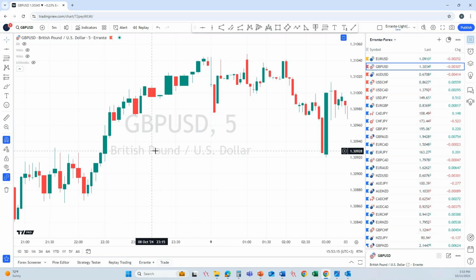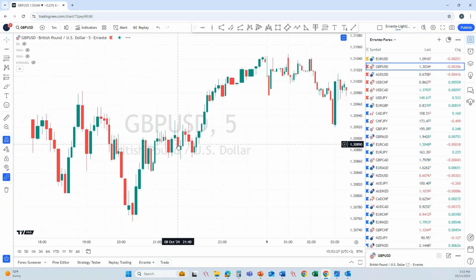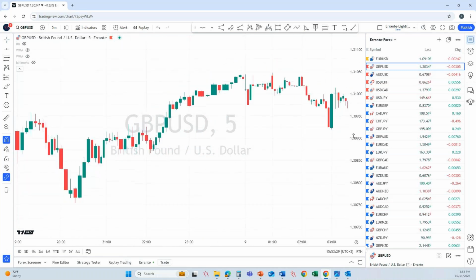So how do we spot market direction and reversals? First, look for trends in large candles. For example, what you see here, or even here at the last minutes of the US session.